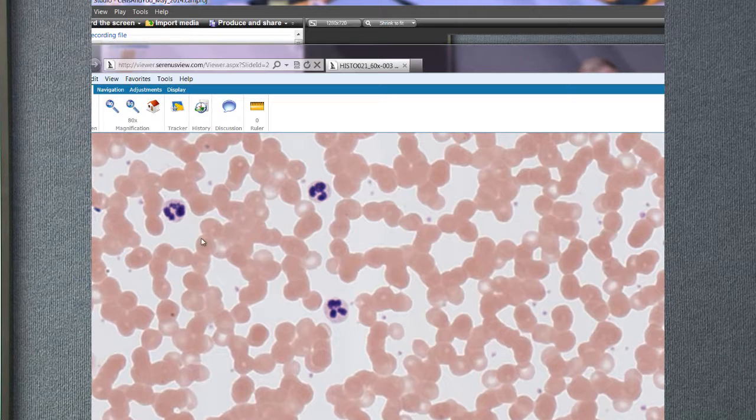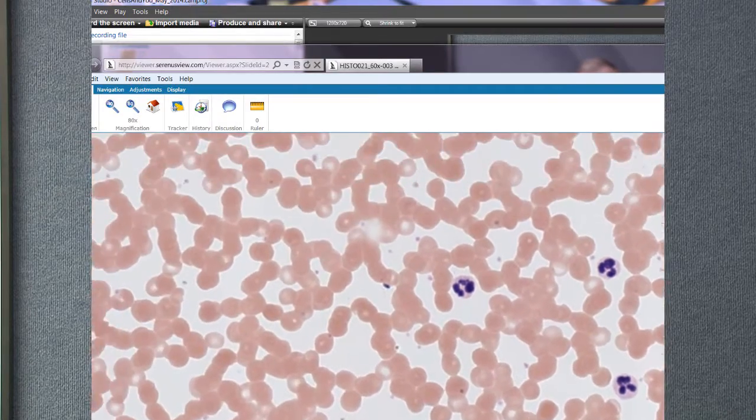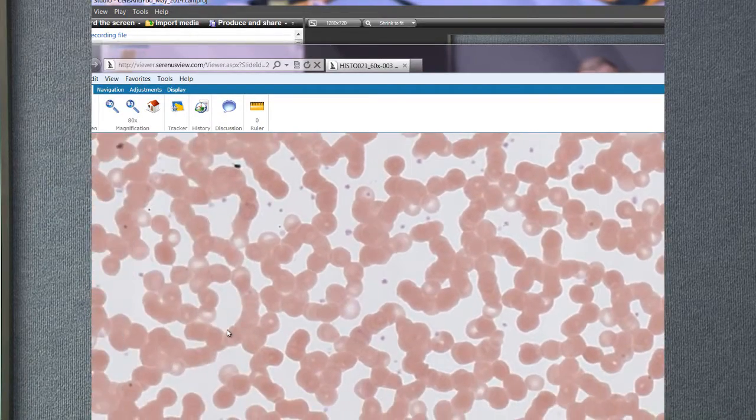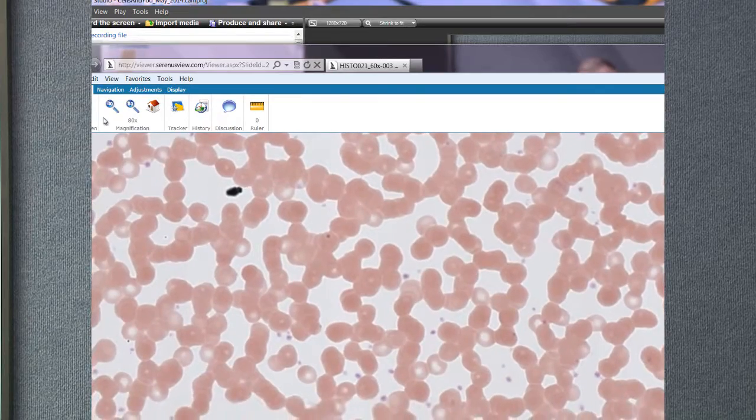And here we can see other cells. You can move this around, and your teacher could pull this up on the computer to be able to see these cells that we have. And so these are white blood cells right there that we can see. There's platelets. These are red blood cells. And so this is normal blood.